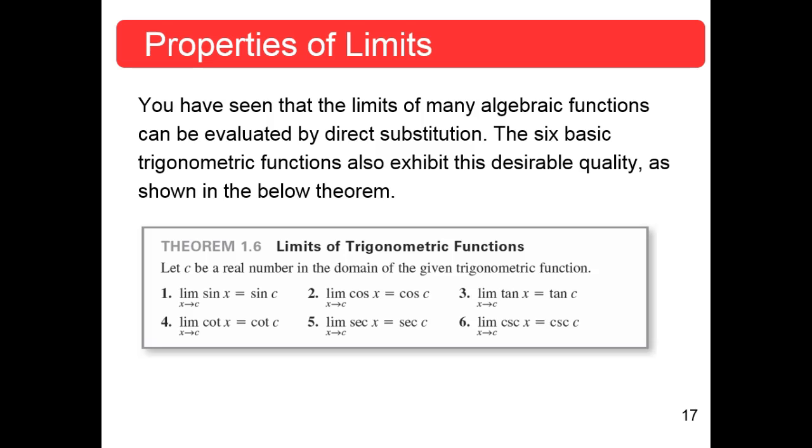Picture your unit circle here. Sine is y over r, right? 0 here, 0 here, 0 here, 0 here. Where are these? 0, pi, 2 pi, 3 pi, 4 pi, 5 pi, or minus pi, minus 2 pi, whatever.